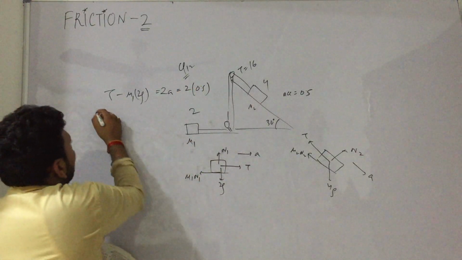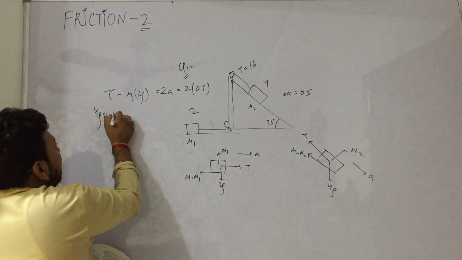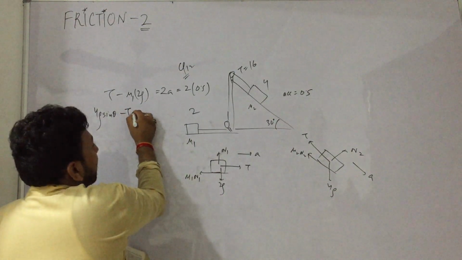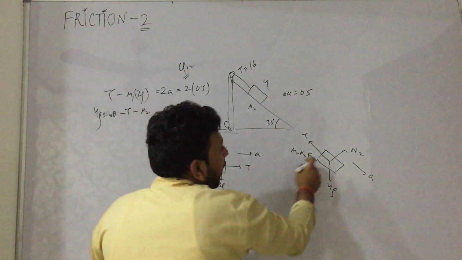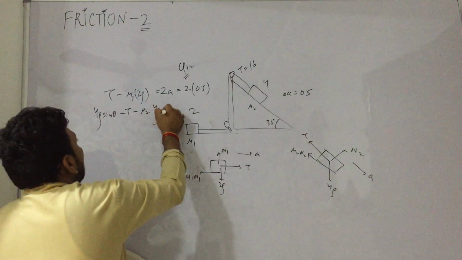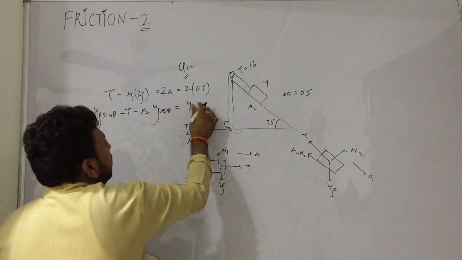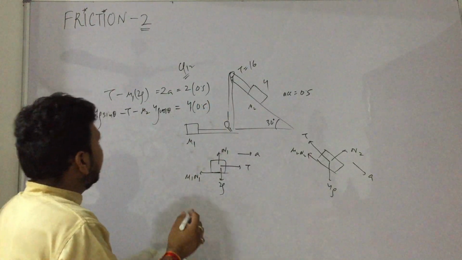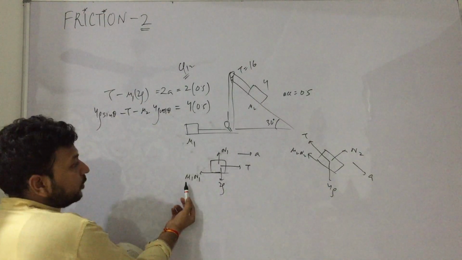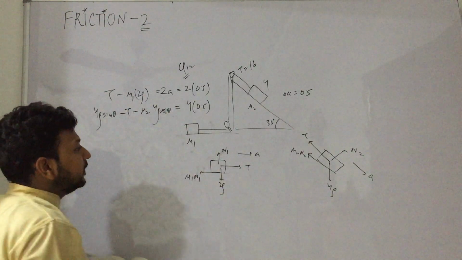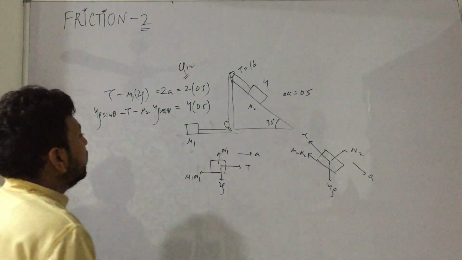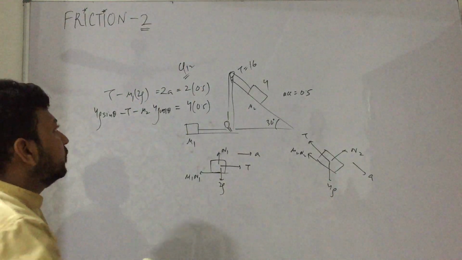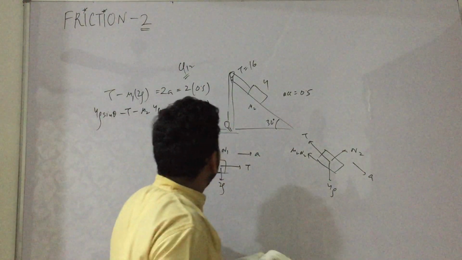For the second block we have 4g sine theta minus T minus mu2 N2, and N2 is 4g cos theta, is equal to mass into acceleration, 4 into a.